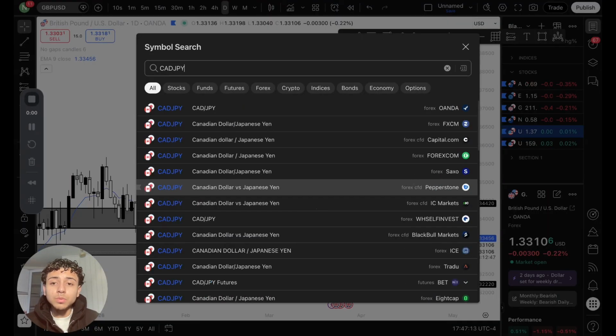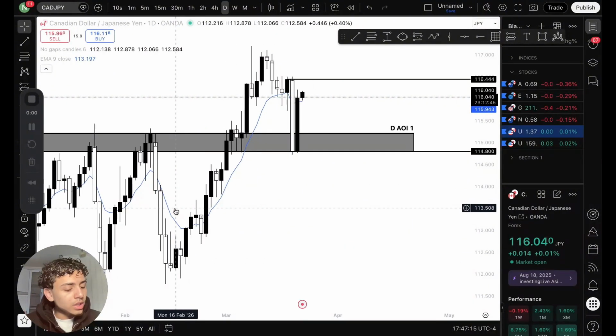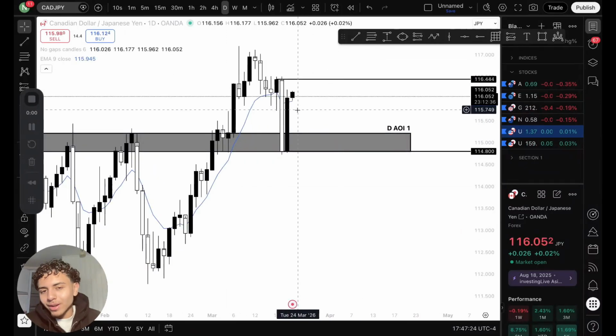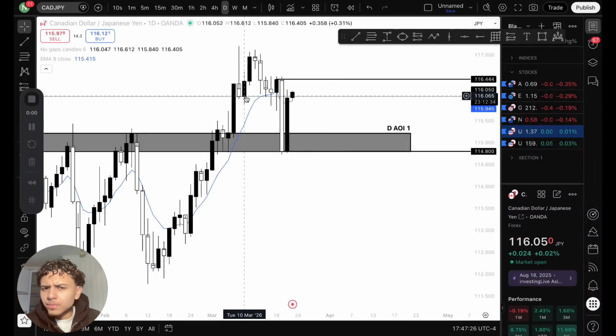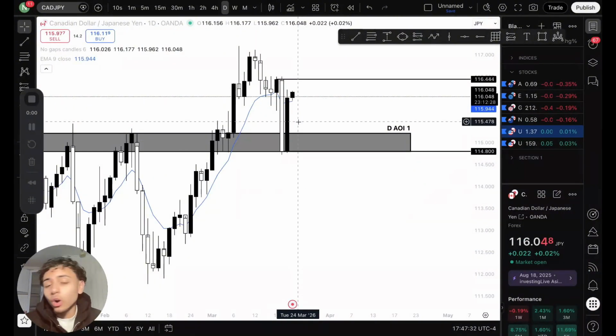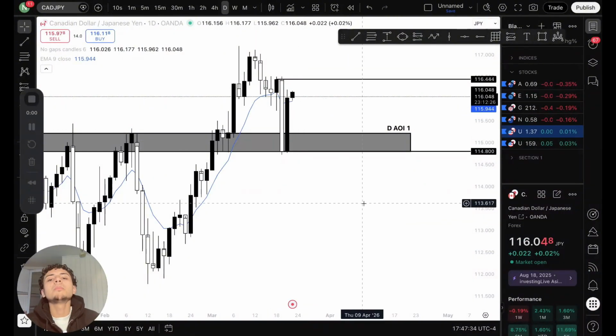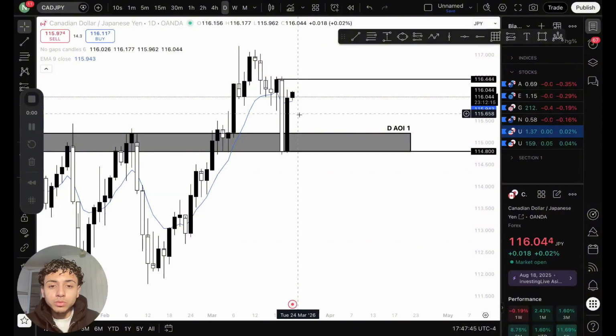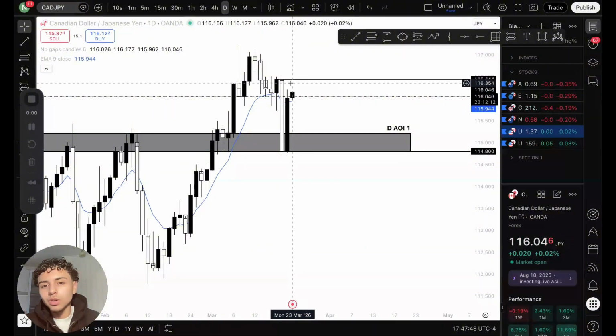Now we're going to CAD JPY. What is CAD JPY doing? So I believe CAD JPY is a bearish market. It looks like I'm gonna be waiting a lot, or I might not be getting into this pair. So I'm expecting this to come down and create an engulfing candlestick. What I think it might do is create a small candle closing there, and then the other candle for the other day will close below this candle, and that will be the engulfing candlestick.